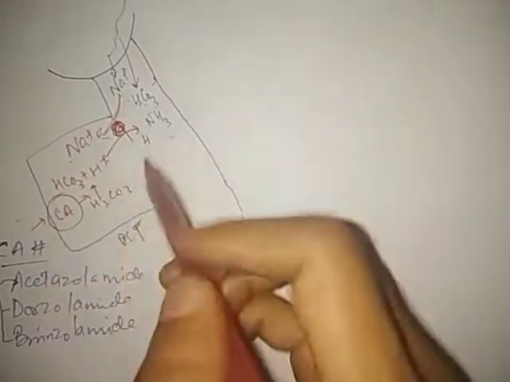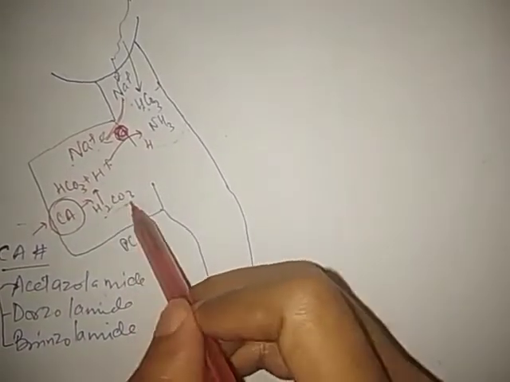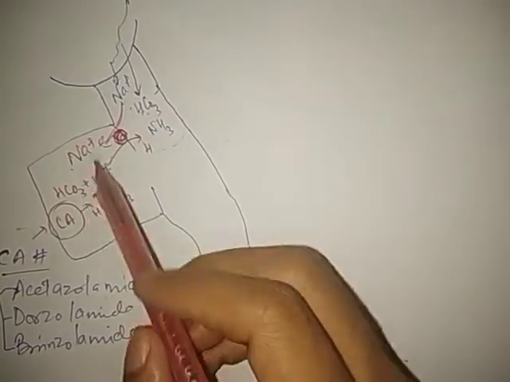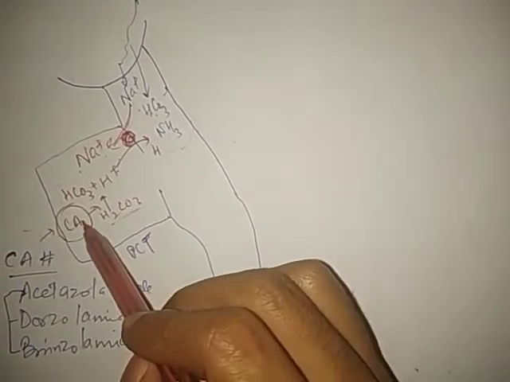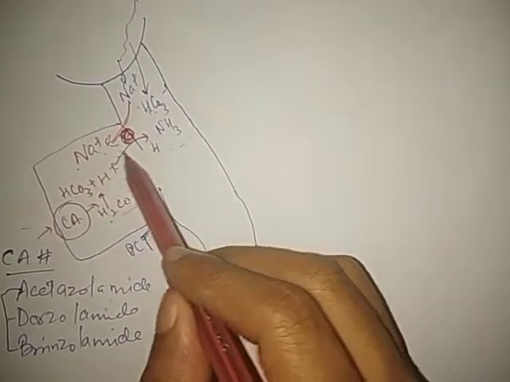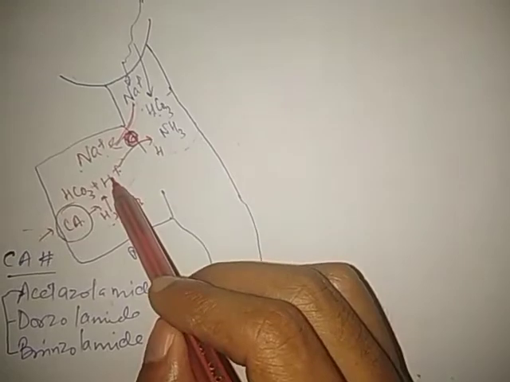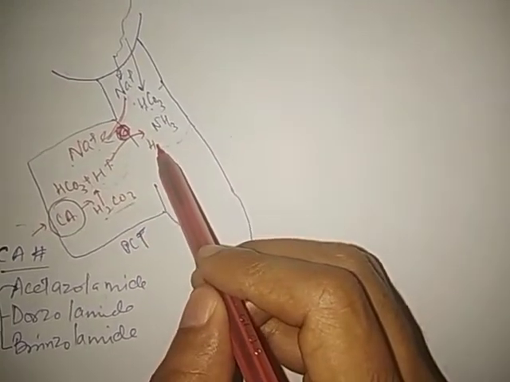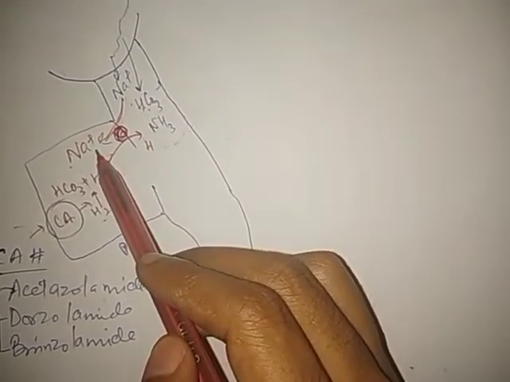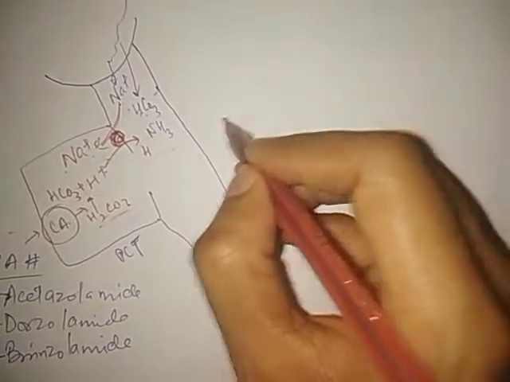So when carbonic acid is broken down into H positive and bicarbonate, any drug which blocks this is not able to generate enough hydrogen ions to be put into the lumen. So when hydrogen ions can't go into the lumen, the sodium is not being reabsorbed and there will be natriuresis.